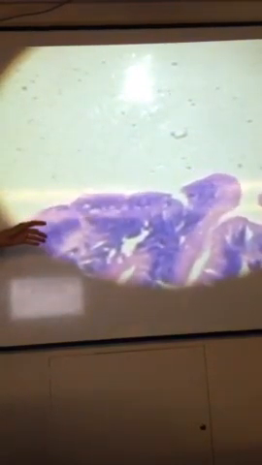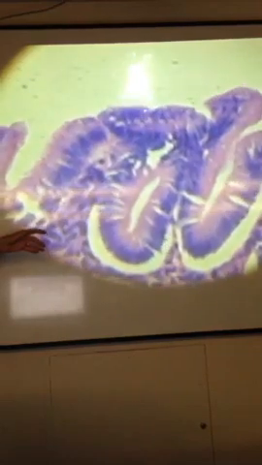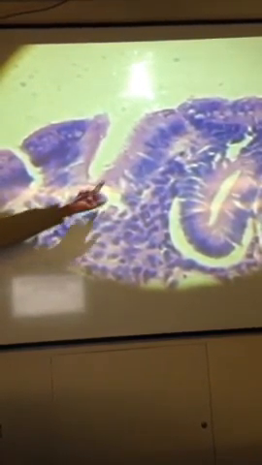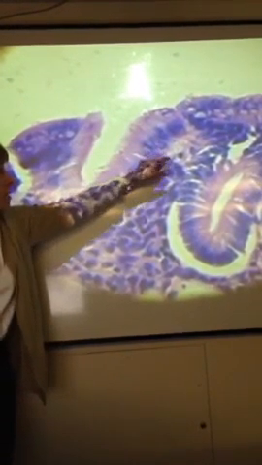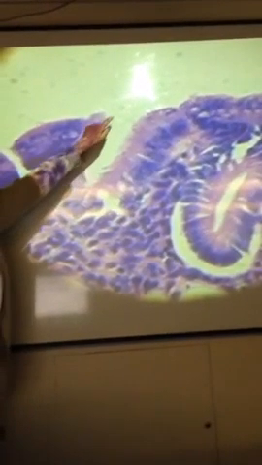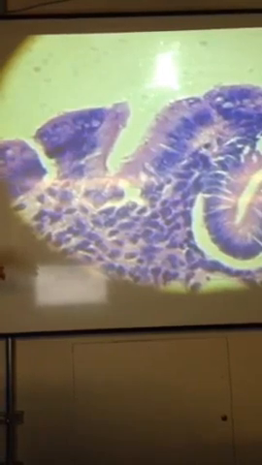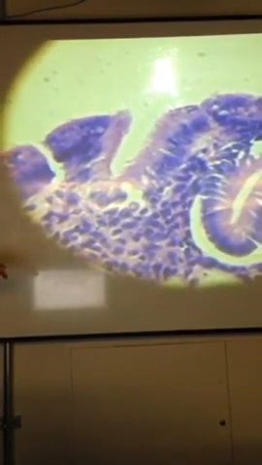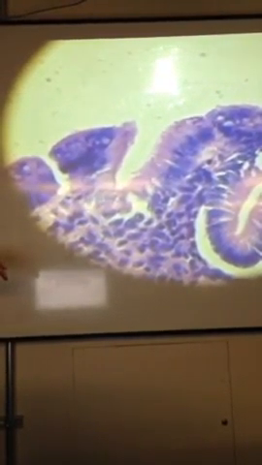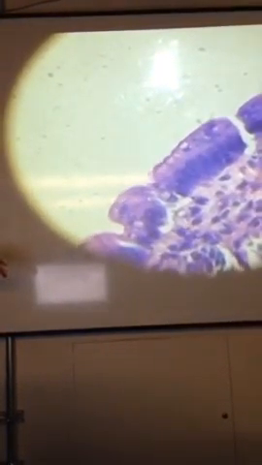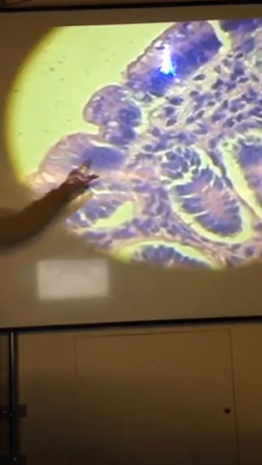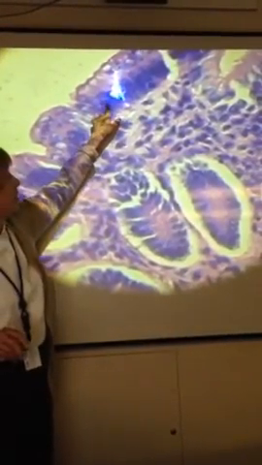And now let's move over a little further and see if I can find some simple columnar cells and a gastric pit. Hopefully for the lab practical I can find a little better simple columnar cells than those. Here they're looking a little better, right? Simple columnar cells lining the stomach.